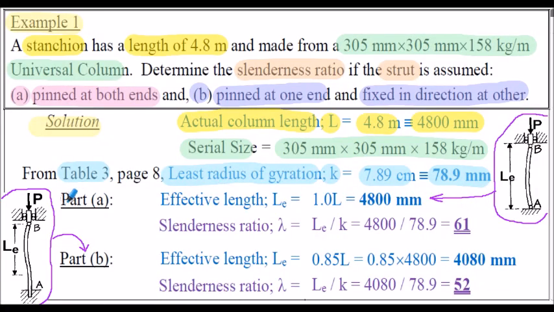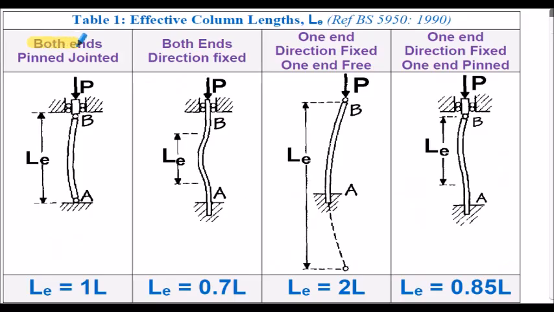Now for part A, we can evaluate the effective length, LE, both ends pinned. The effective length from our table is 1. From our table, both ends pin jointed, in other words, fixed in translation but free in rotation at both ends, the effective length is 1.